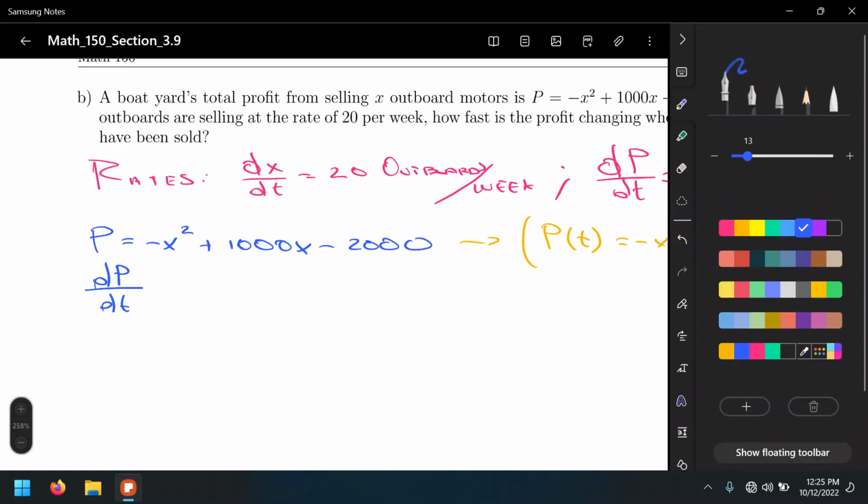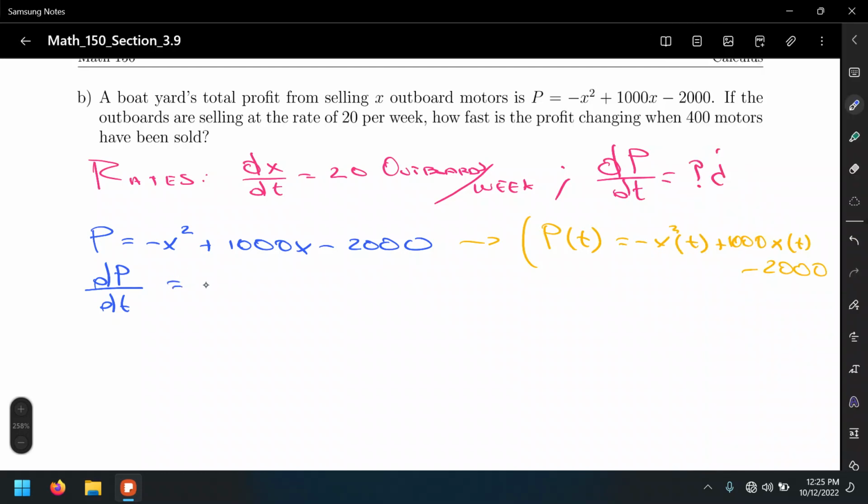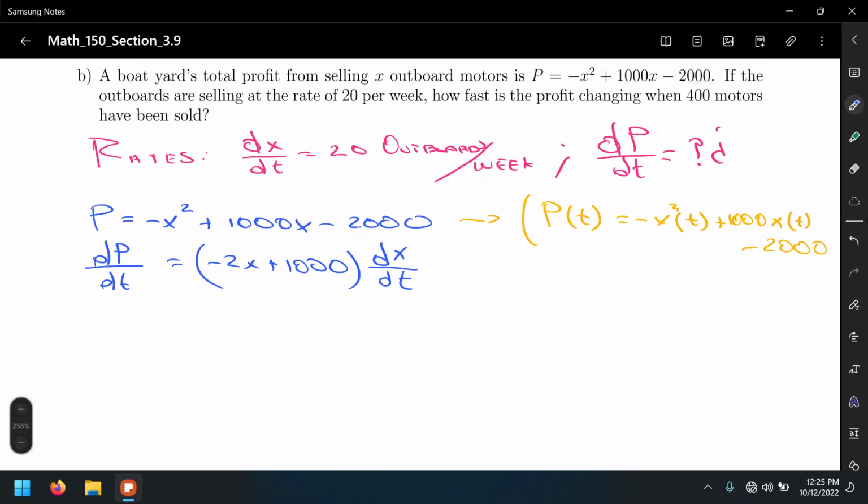So that's going to be the derivative, negative 2x plus 1000. But in this case, this x varies with respect to time. All right? And I think we can plug in all the information. They're asking us how fast is the profit changing when 400 motors have been sold.